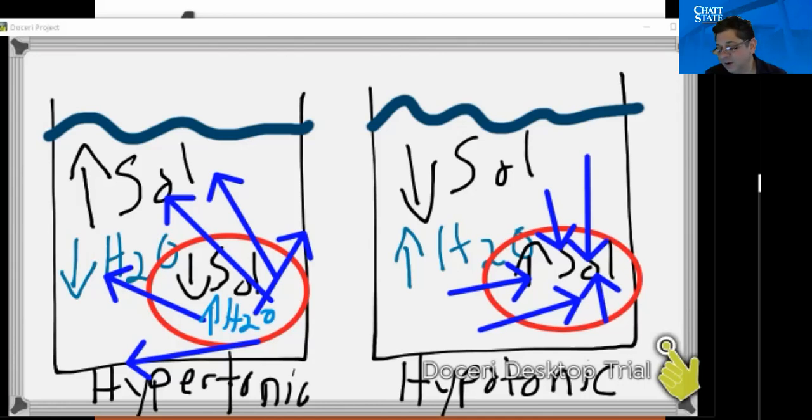So to me, there's no net flow in isotonic because it's equal movement of water. Equal movement of water in isotonic because it's equal solute. That's what iso means, is same solute. All right, guys, so we'll leave this and go to our new stuff unless there's any lingering questions.